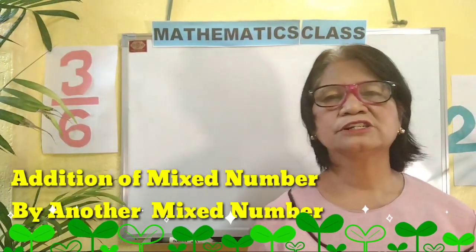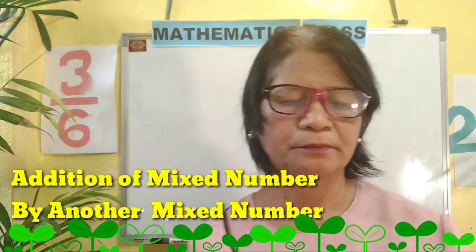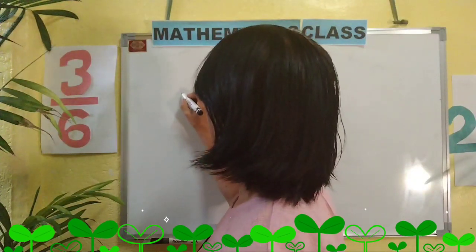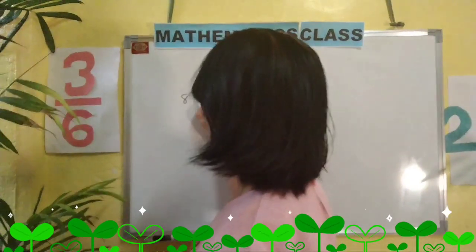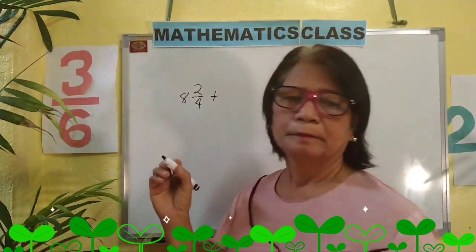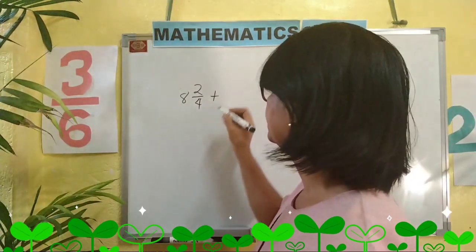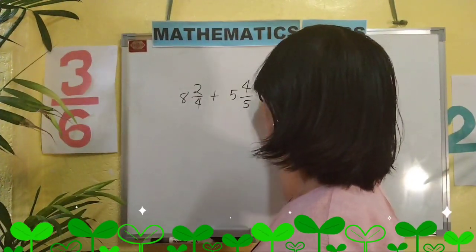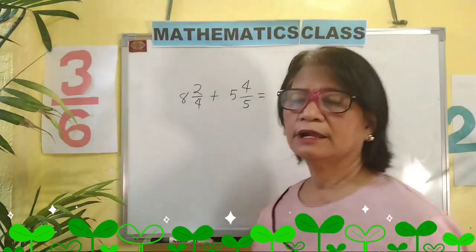How about addition of a mixed number by another mixed number? Example, 8 and 2/4 plus 5 and 4/5. Okay. First, we have to align these into groups of fractions. 2/4 plus 5 and 4/5.